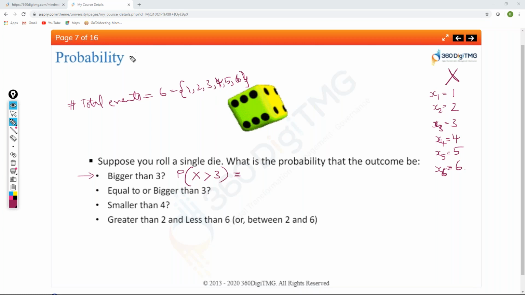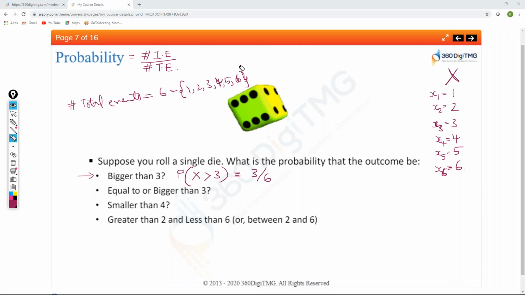The same formula holds true. Probability is the number of interested events by total number of events. So greater than 3, you have 4, 5, and 6. 3 numbers. So the number of interested events is 3 divided by the total number of events, 6. Very simple, very straightforward.